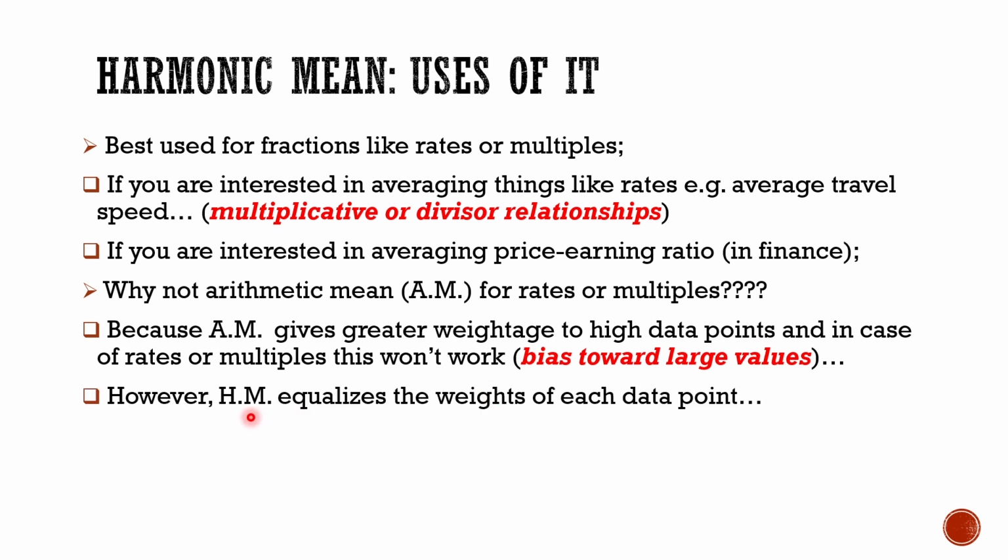However, the harmonic mean equalizes the weights of each data point, since the harmonic mean of a list of numbers tends strongly toward the least elements of the list, and it tends to mitigate the impact of large outliers and aggravate the impact of the small ones.